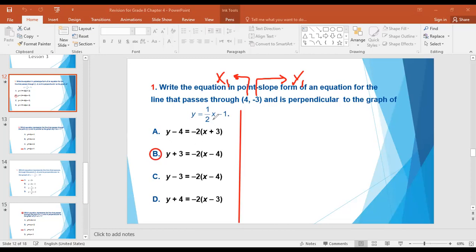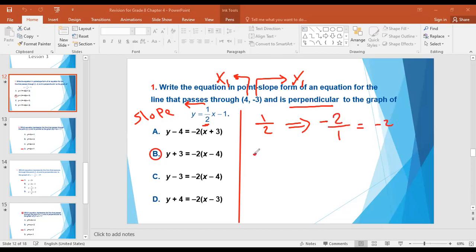Okay, so as Sif said, the slope is half, but it says here it's perpendicular to that line, so you need to use the negative flip. So half will be negative 2 over 1, which equals negative 2.